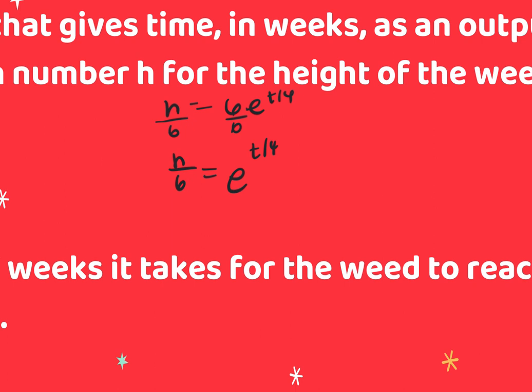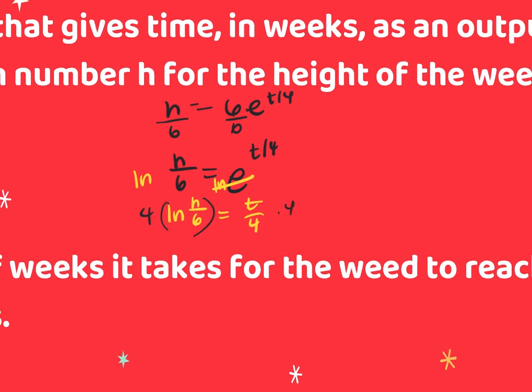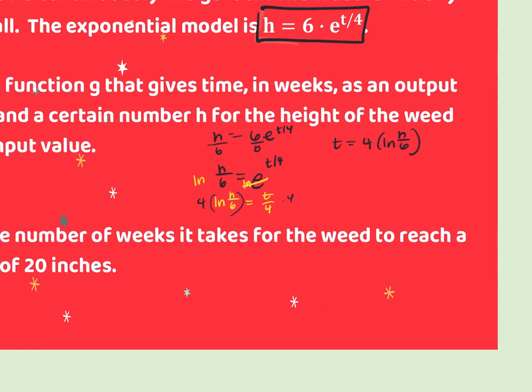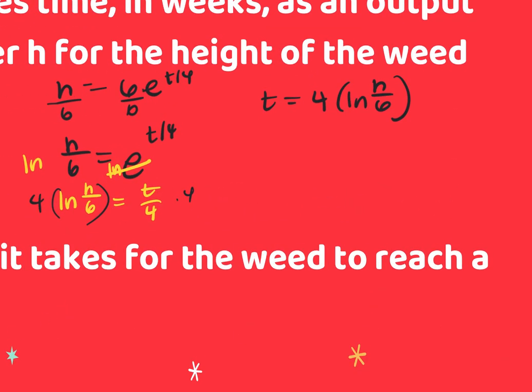Then ln both sides because ln will cancel with e. ln of h over 6 equals ln of e cancels t over 4. Then multiply by 4. So t equals 4 ln h over 6. And it actually says function g. So I would rewrite that as g of h equals 4 ln h over 6.